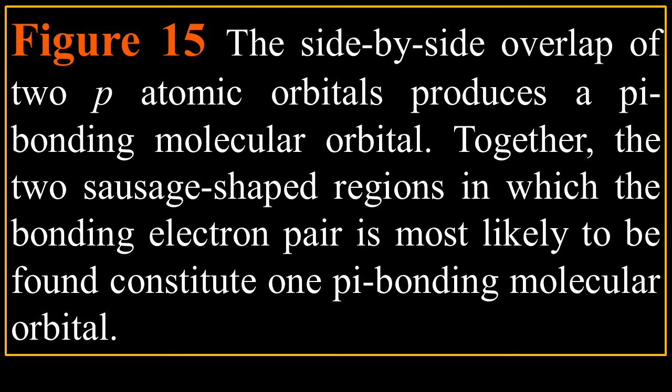The side-by-side overlap of 2p atomic orbitals produces a pi bonding molecular orbital. Together, the 2 sausage-shaped regions in which the bonding electron pair is most likely to be found constitute one pi bonding molecular orbital.